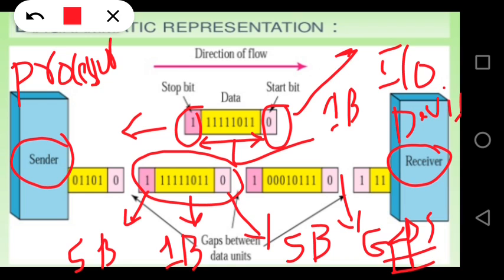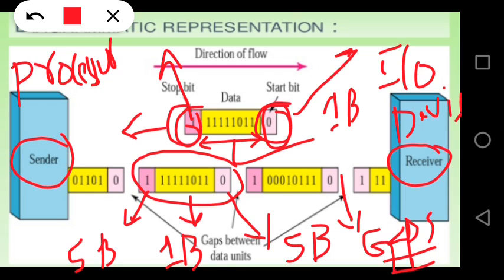It is very important to handle these transmission errors in asynchronous data transfer. Here, the receiver understands by receiving the start bit that it is going to receive one byte of data, 8 bits. After 8 bits, the sender sends a stop bit. So the start bit is 0 here, and the stop bit is 1.